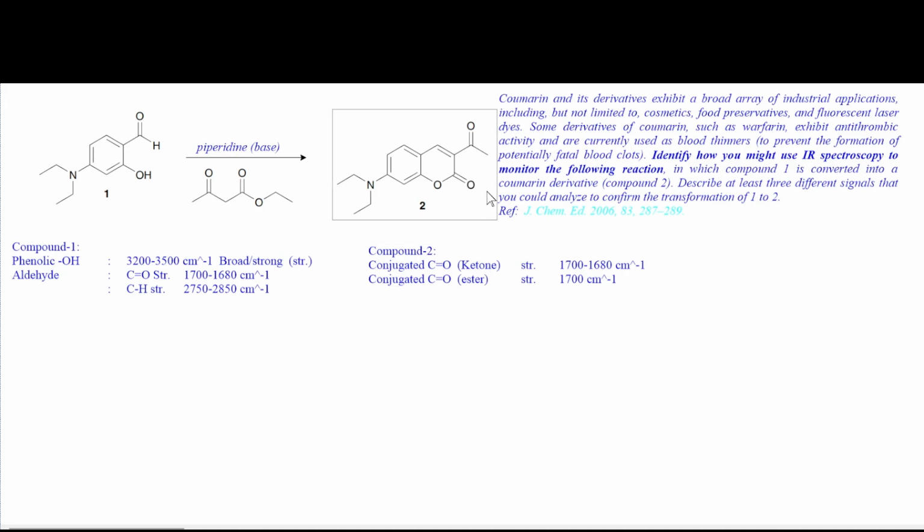Whereas the conjugated ketone peak and the conjugated ester peak will appear in compound 2. So these particular peaks will disappear, and these particular peaks will appear, and you can easily monitor this reaction by monitoring this disappearance and appearance of peaks in the IR spectrum.